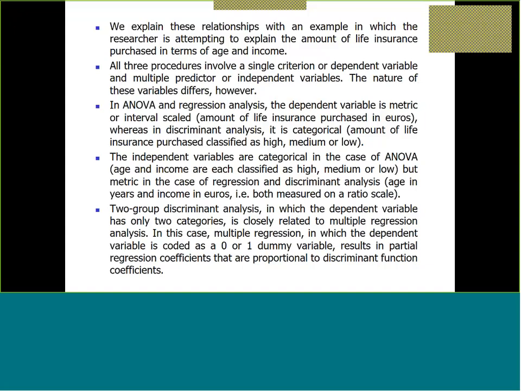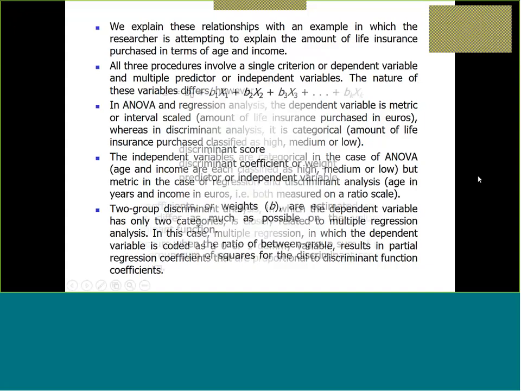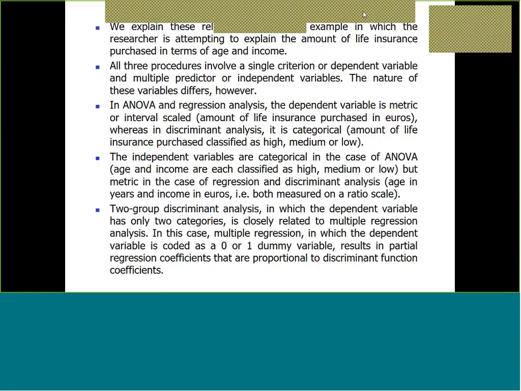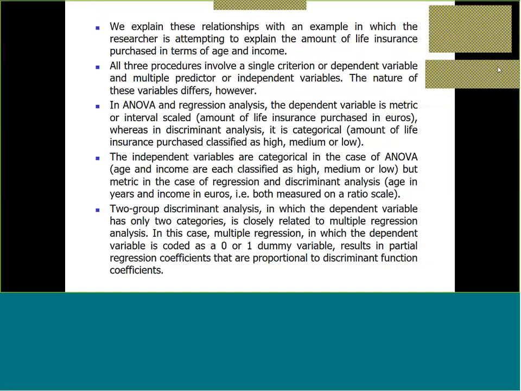In ANOVA and regression analysis, the dependent variable is metric or interval scale, because you are talking about the amount of life insurance purchased, this amount. Whereas in discriminant analysis, it is categorical.